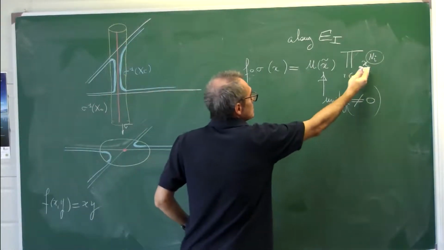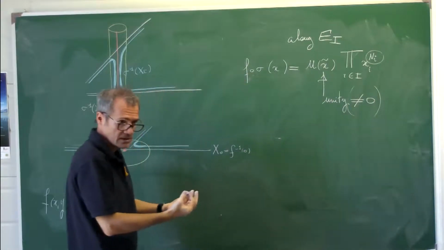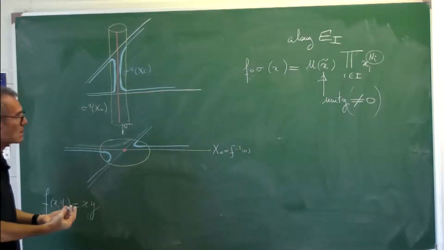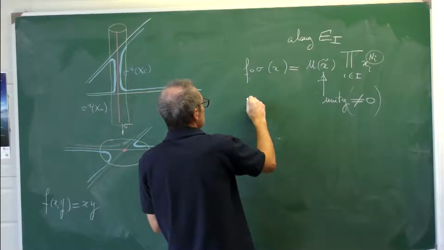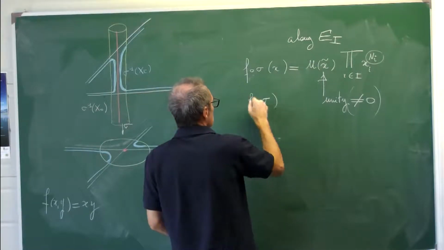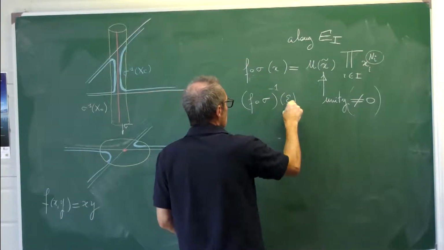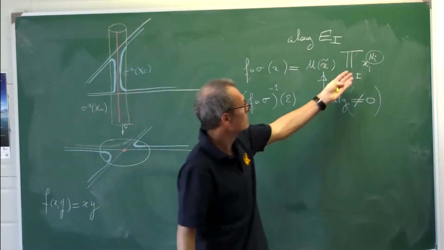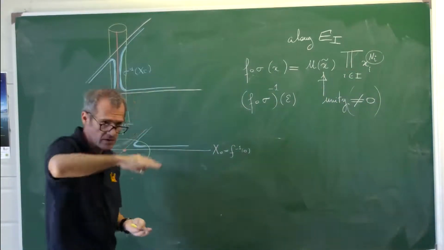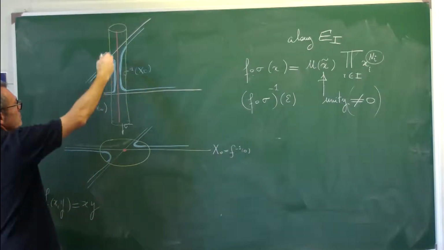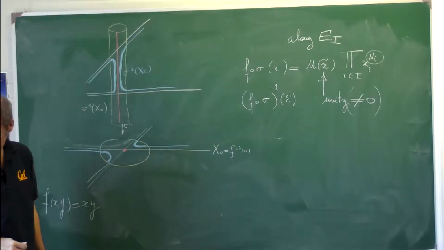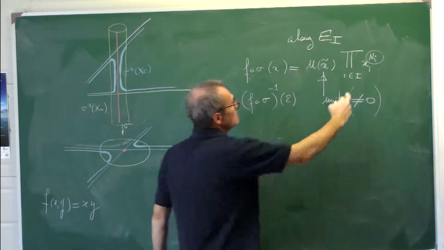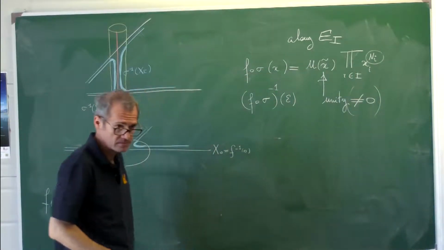Since I have this expression locally at E_I, if I get the pre-image of epsilon in the resolution, I know that I have a certain number of leaves above the strata, the number being given by this power.